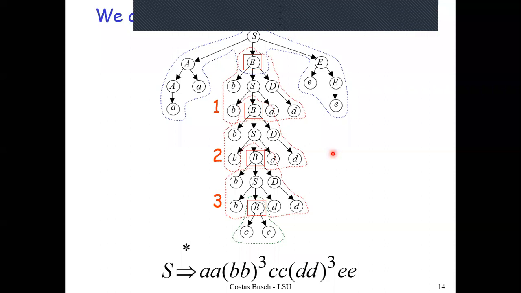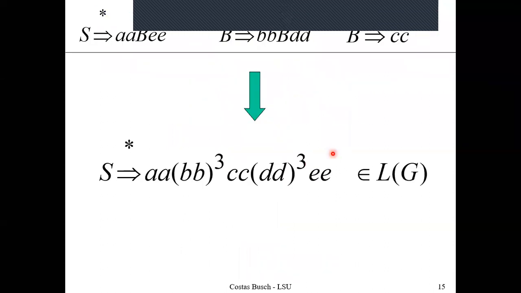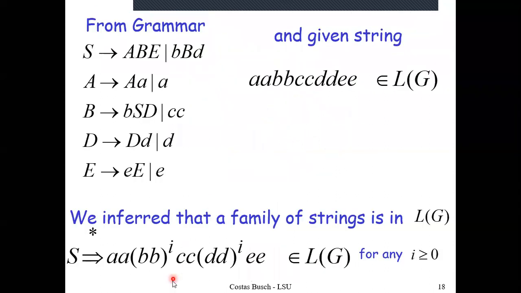Okay, so let's move forward. So I can see that the pattern of getting new strings from my original string is coming from the derivation tree or the parsing tree of the string.